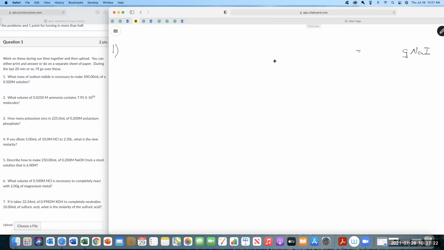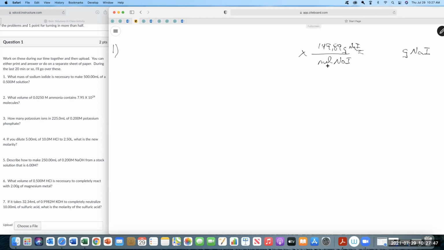So the molar mass of sodium iodide is 149.89. So there's 149.89 grams of NaI in a mole of NaI.